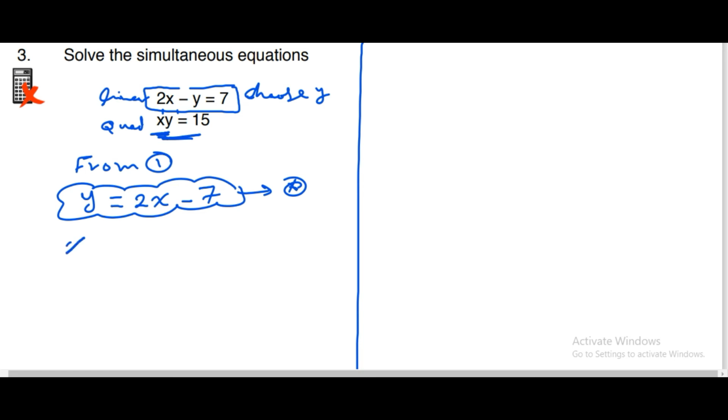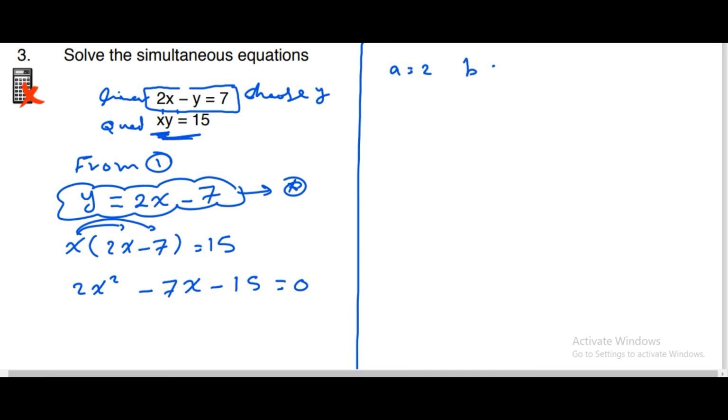So x multiplied by (2x minus 7) equals 15. Expand the bracket: 2x^2 minus 7x minus 15 equals 0, in one step. Here we'll use the quadratic formula. a equals 2, b equals negative 7, c equals negative 15.